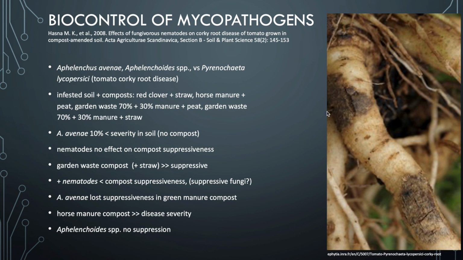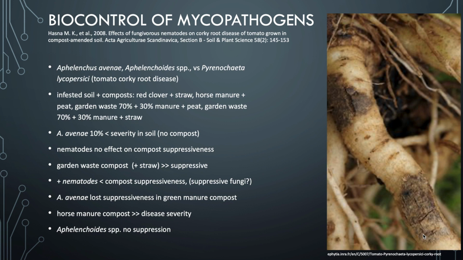So here is an example of Pyrenochaeta lycopersici effects on roots when it is in a soil situation that allows its infestation of plants, and in this case it's a tomato plant and it prefers to feed on that, obviously.